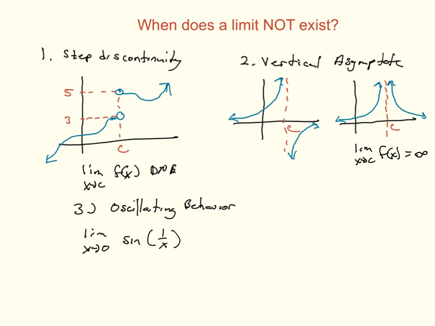It's not going to be that nice even curve that we graphed last year. It's going to be very, very fast. In fact, if you take a look at the graph on page 51 in your book, you will see that dark, almost thick bar right at 0. And that's what's going to happen when we have oscillating behavior. In that case, we would also say that this limit does not exist.